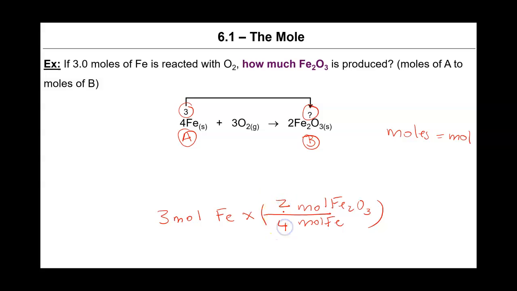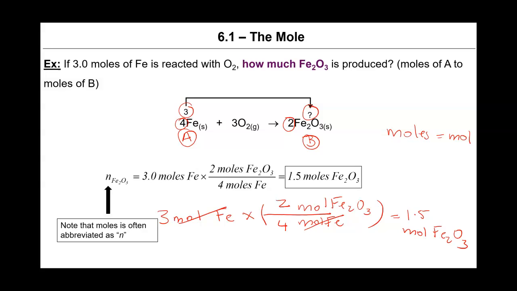And then we're just going to put in the coefficients here to generate our correct mole ratio. And there we are, 3 times 2 on 4. It's going to give me 1.5 mole of Fe2O3. So it's a pretty simple process, whether it's a chemical equation or whether it's the formula for a compound.